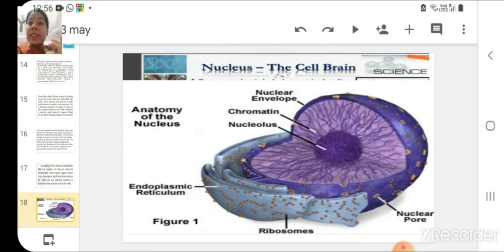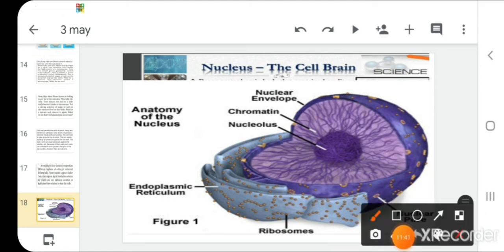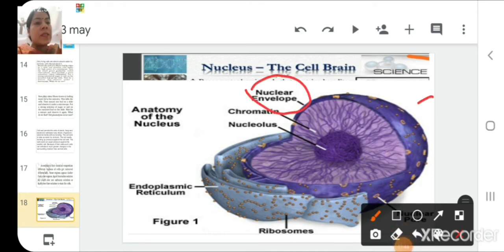So the nucleus is the major part of a cell because it helps in cell division, it helps in formation of new cells, and it also controls the activity of other organelles present in the cell. Look at this slide, you can see that the structure is quite complicated and very interesting. It clearly shows that there is a nuclear envelope, meaning this nucleus has an outer layer. You can see here, this is the nuclear envelope.